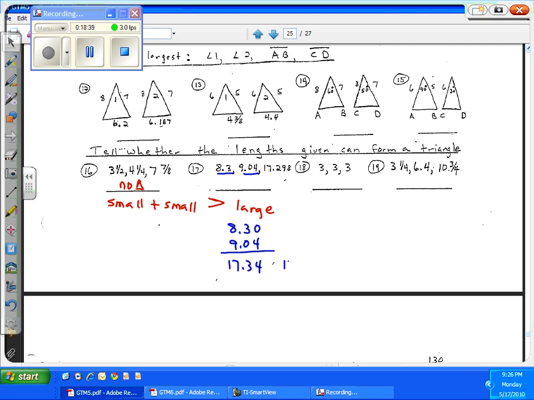We're comparing that to 17.298. To compare, we'd put a 0. This is 17 and 340 thousandths as compared to 17 and 298 thousandths. 340 thousandths is bigger. Small plus small is greater than large. Therefore, it is a triangle. Yes, it is. Okay.